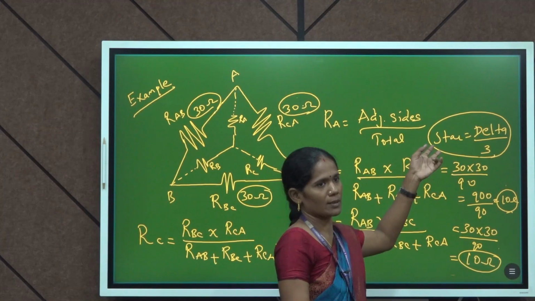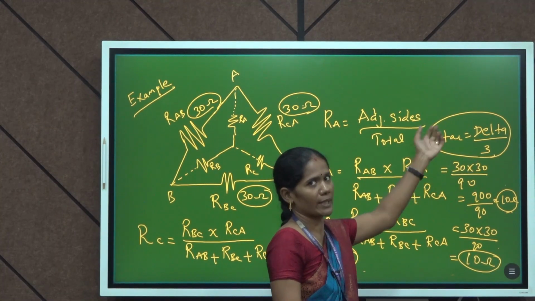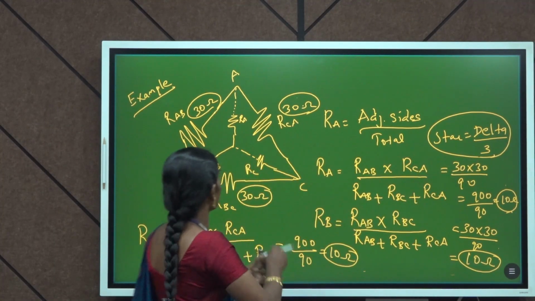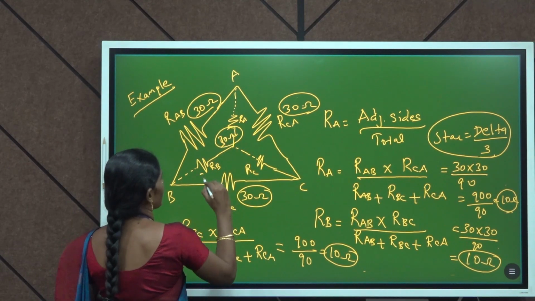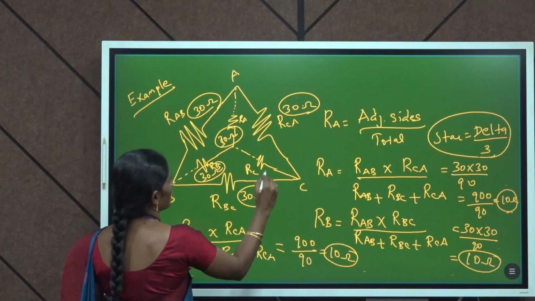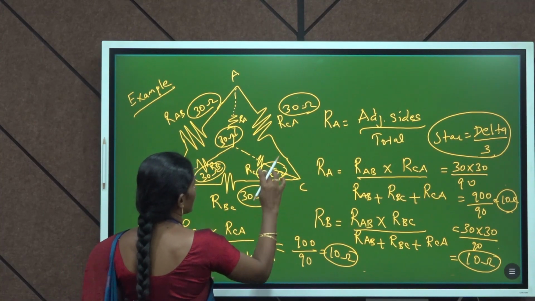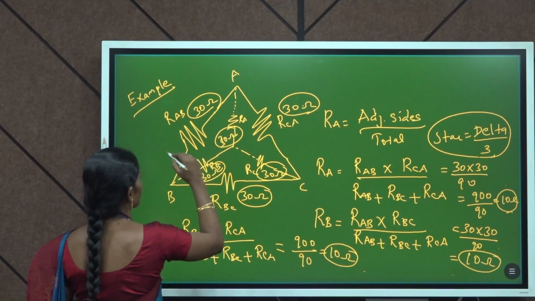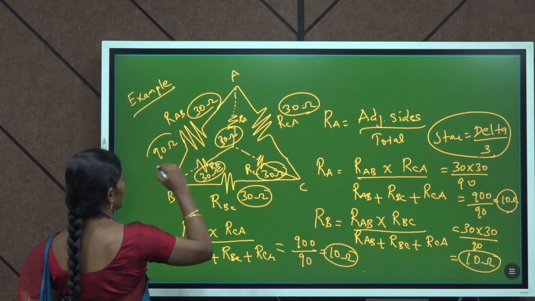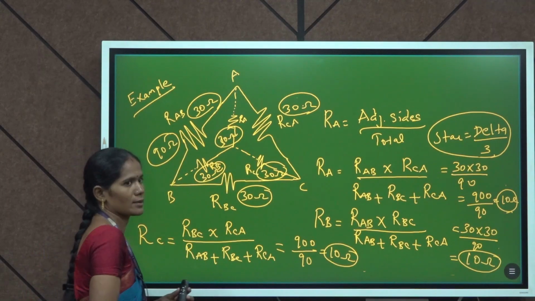The star resistances multiplied by 3 give the delta resistances. So, for example, 30, 30, 30 is a given star value, so this 30 will give the result as 90 ohm as the delta resistances.